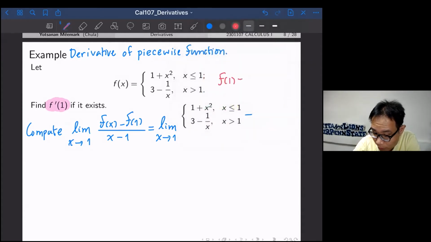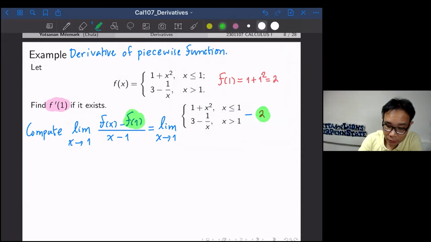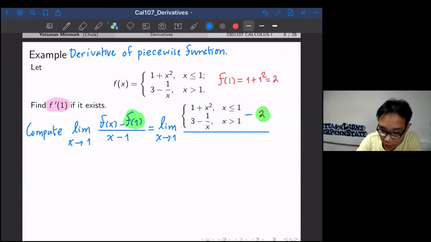For f(1), you use the top formula, so it's going to be 1 plus 1 squared, which is equal to 2. So you're going to subtract 2, which is f(1), and everything is over x minus 1.